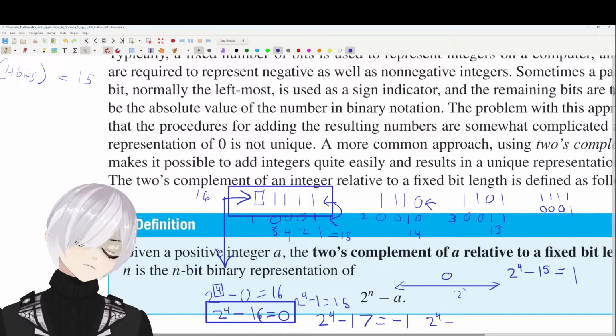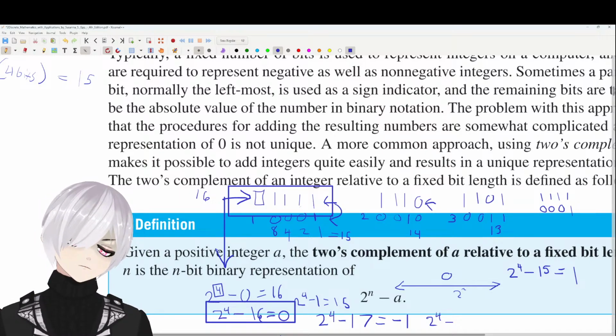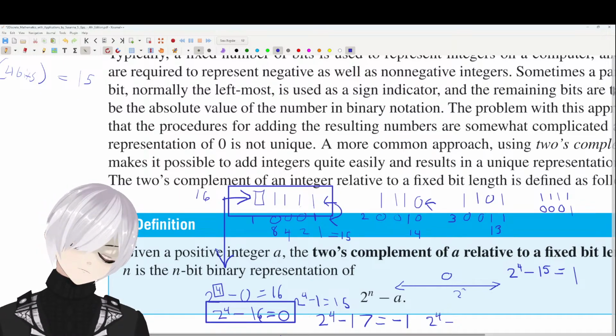You said you could represent anything from 1 to 2 to the n. Yes, you can represent 1 because that would be 2 to the n minus 1. Then you keep going, and once you get to 2 to the n, the representation of 2 to the n is 0. So that covers all the possibilities you can represent with n bits.